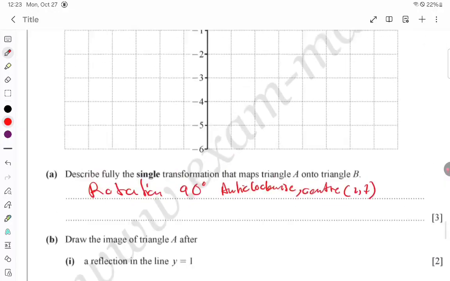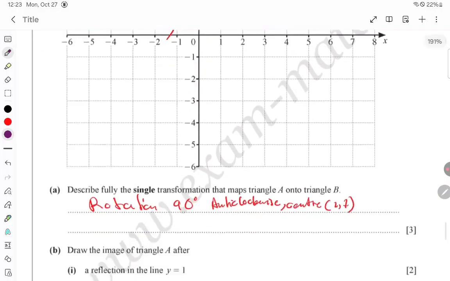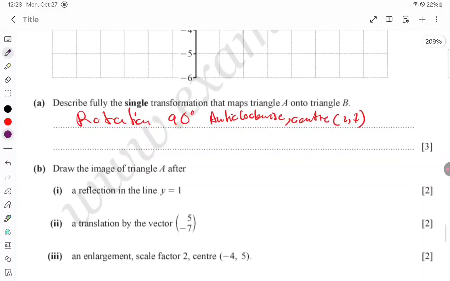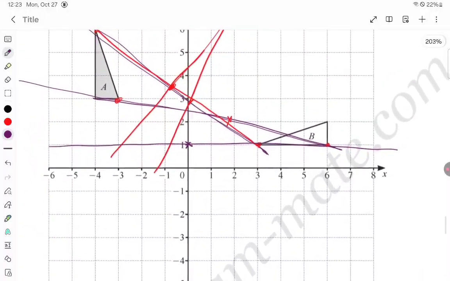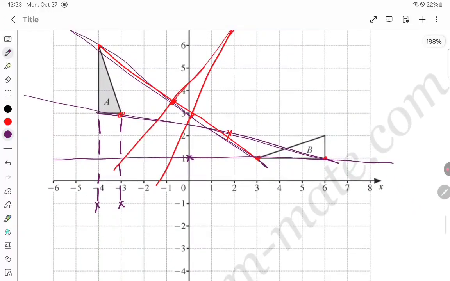Y is constant. Now for A, simply 1, 2, 1, 2, mark the point. 1, 2, 1, 2, mark the point. 1, 2, 3, 4, 5. 1, 2, 3, 4, 5.